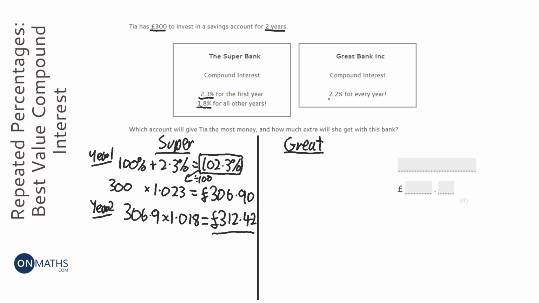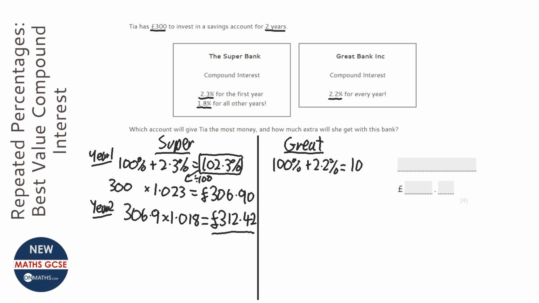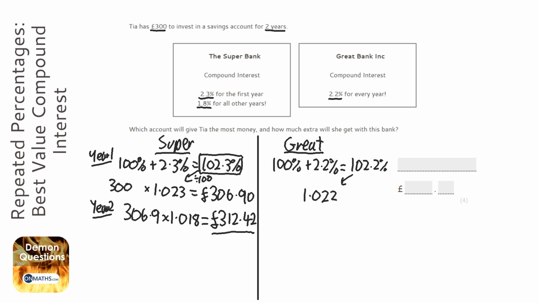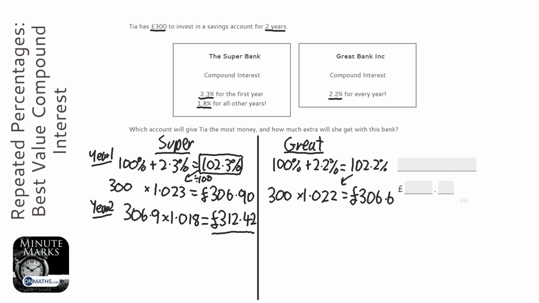Now the Great Bank's a bit easier because it's just going to stay at 2.2%. So let's work out the multiplier. 100% plus 2.2% equals 102.2%, and then as a multiplier that is 1.022 by dividing it by 100. So we're going to times that £300 by 1.022. 300 times 1.022, and I get £306.60.